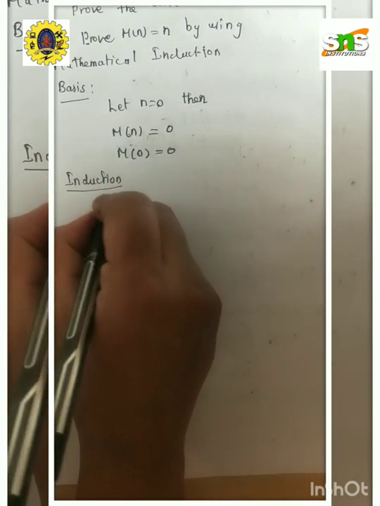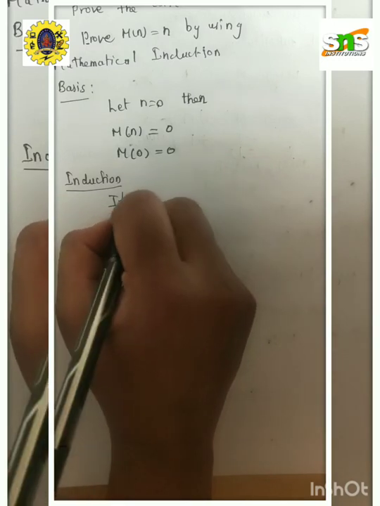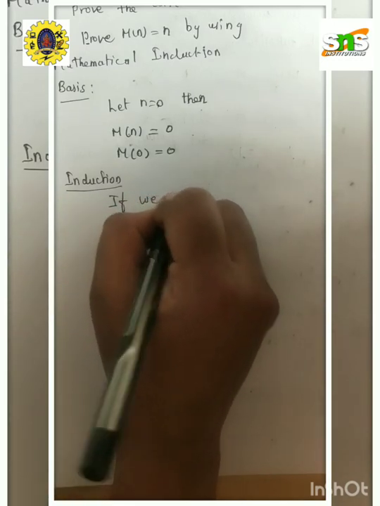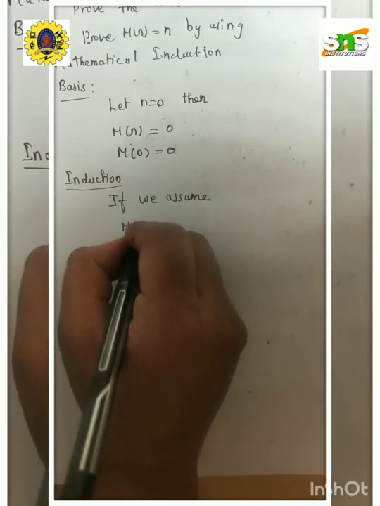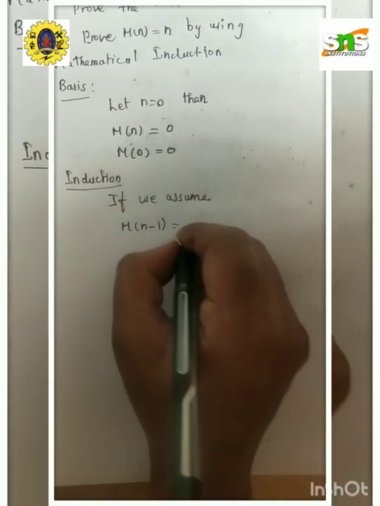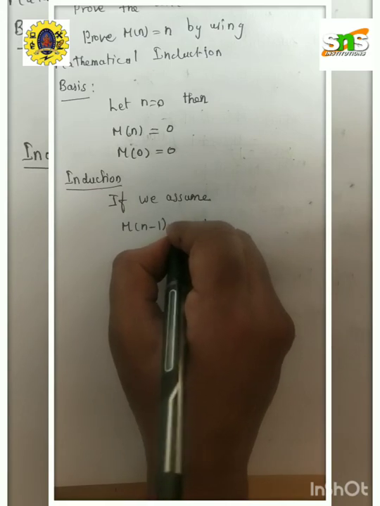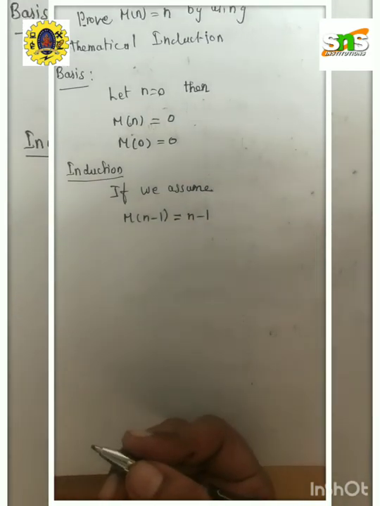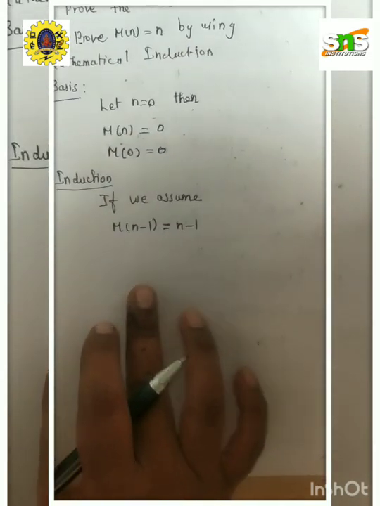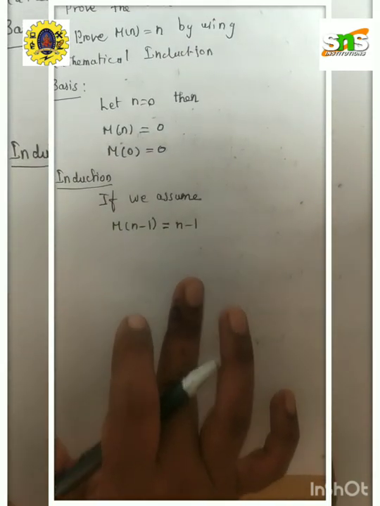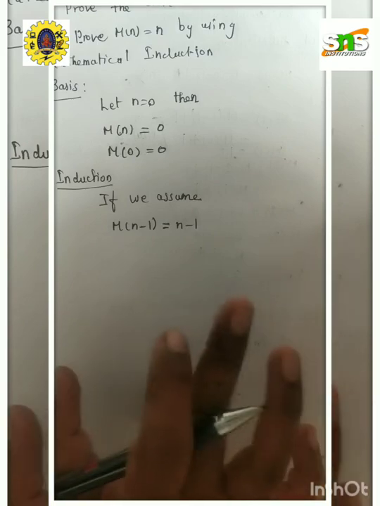So everything is an assumption here. If we assume m of n minus 1 equal to n minus 1. Why have we taken it like this? You may have this question, right? We have taken it just for proving that our algorithm is correct.